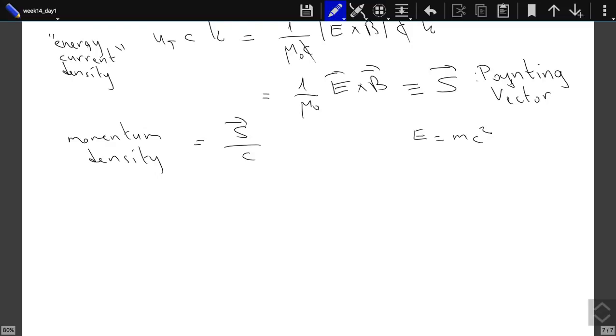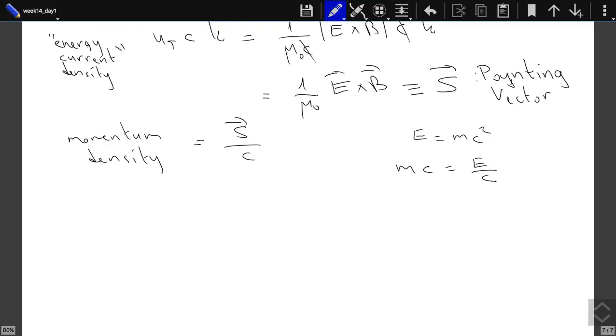If I identify that effective mass, then it is already moving at the speed of light, so the momentum will be just mc, which is E over c. This is the momentum. This is what we define by 1 over c.